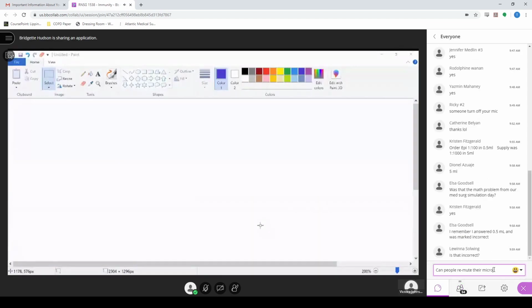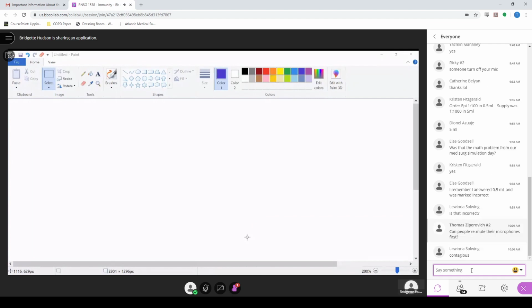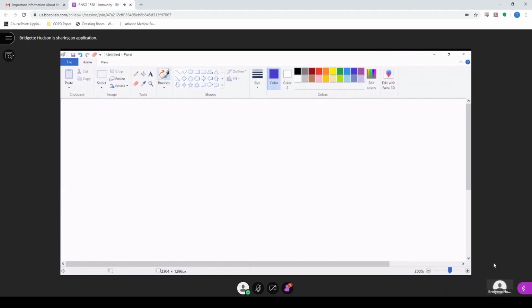Okay. So with TB, is this contagious or non-contagious? Highly contagious. It's highly contagious, and it's really weird. It's from droplets, right?